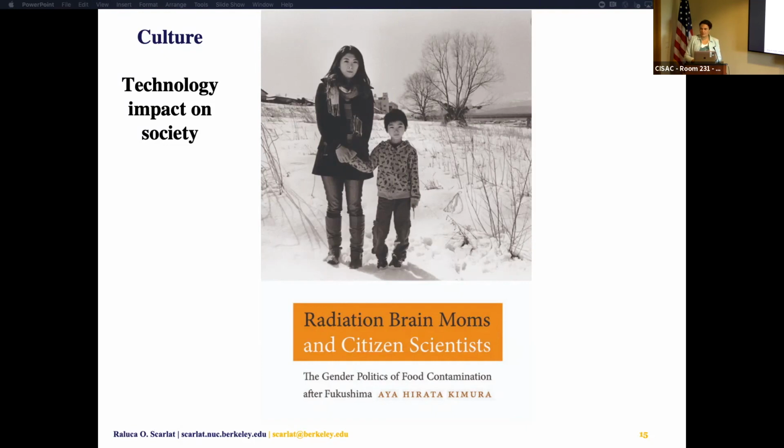The important thing is that the question was being asked, and the government was taking decisions to discredit that question, for example, by creating this label of radiation brain moms, which was saying that these women's ability to make decisions was being impaired.